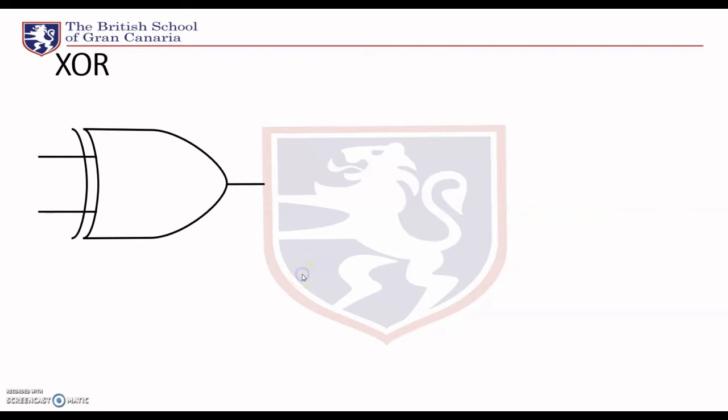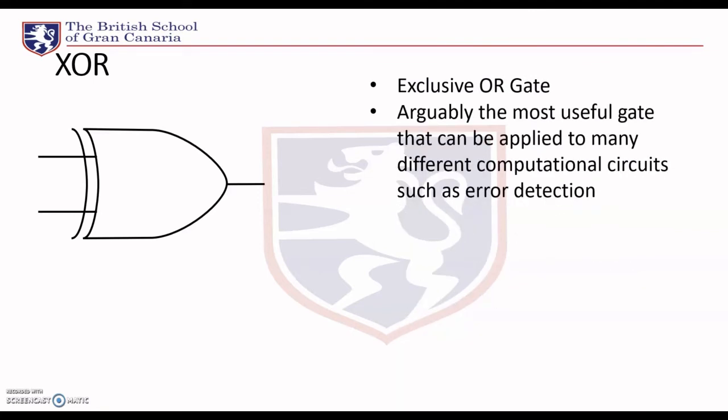Okay, so the XOR gate. Now, this is arguably the most useful gate, because its circuit can be applied to so many different computational circuits, such as error detection. So, this gate works like this: if both inputs were 0, then the output would be 0.